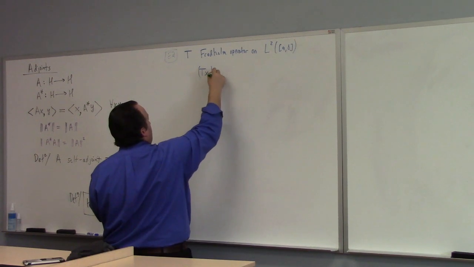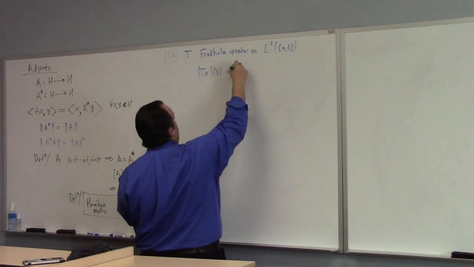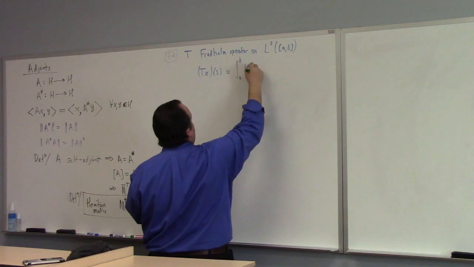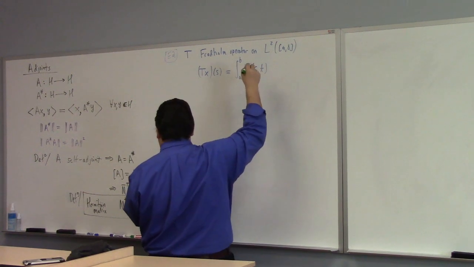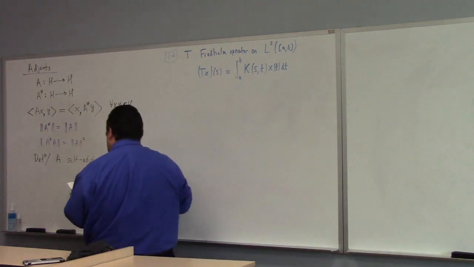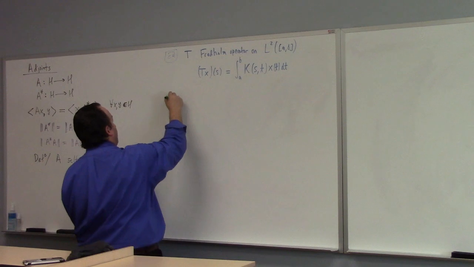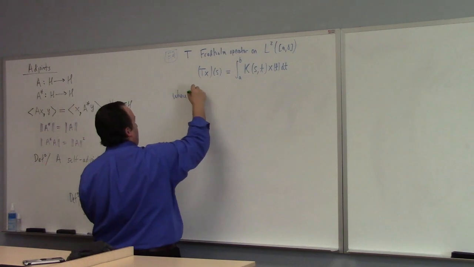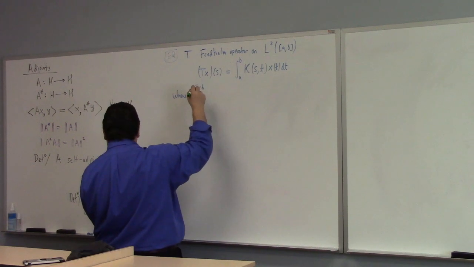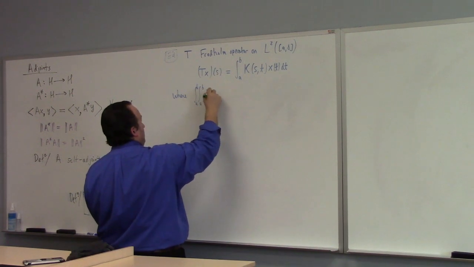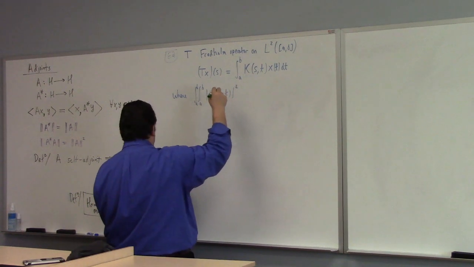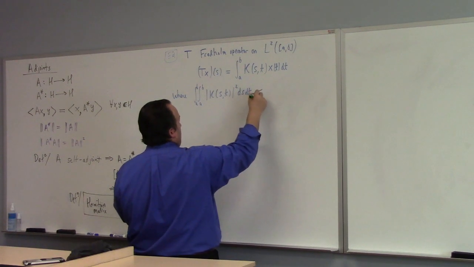Tx(s) is equal to the integral from a to b of k(s,t) x(t) dt, where we're assuming that the double integral over the rectangle [a,b] cross [a,b] of the function |k(s,t)|^2 ds dt is finite.